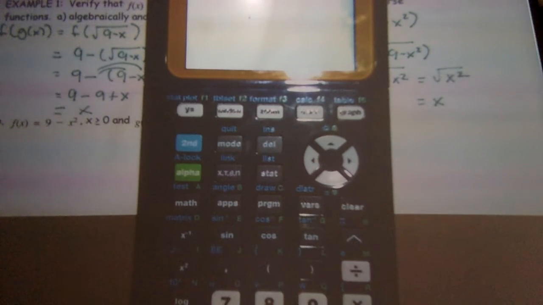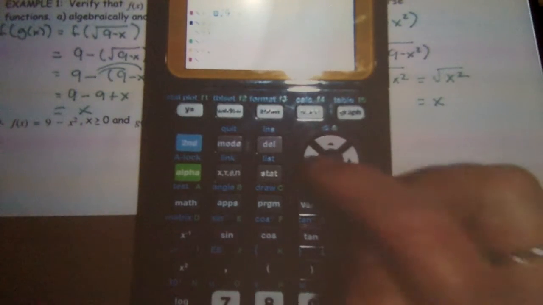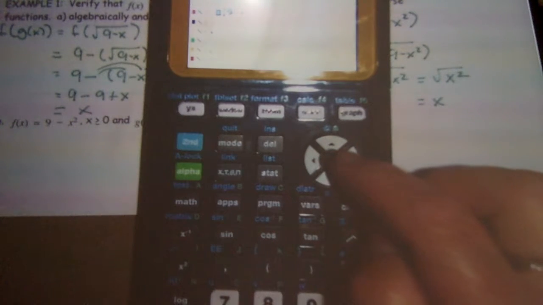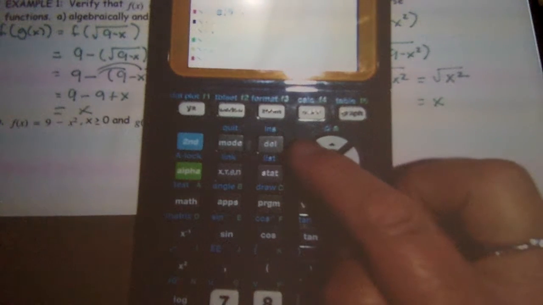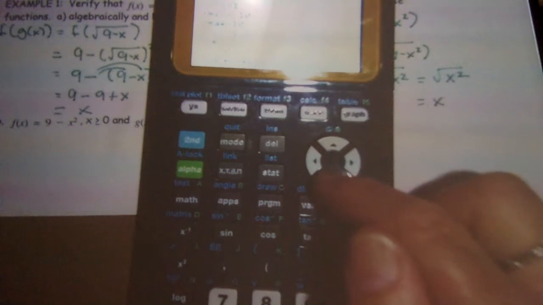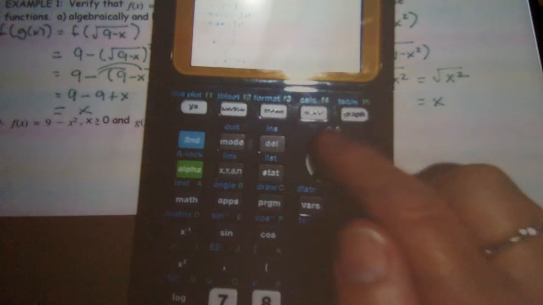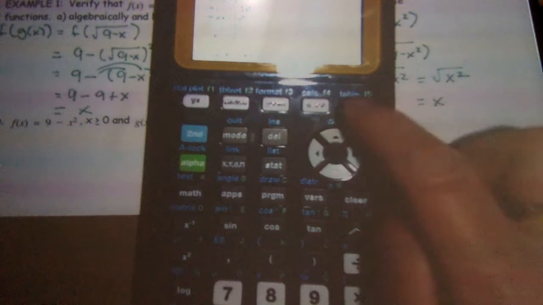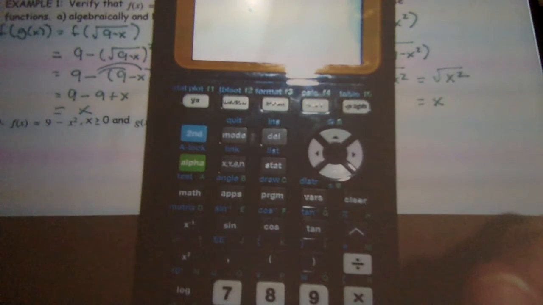Let's make this 0. Make it from 0 to, what did I plug in?